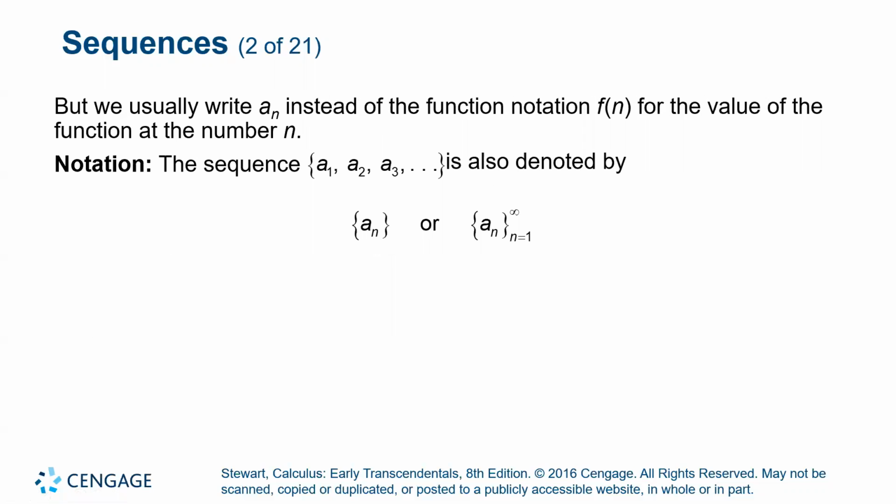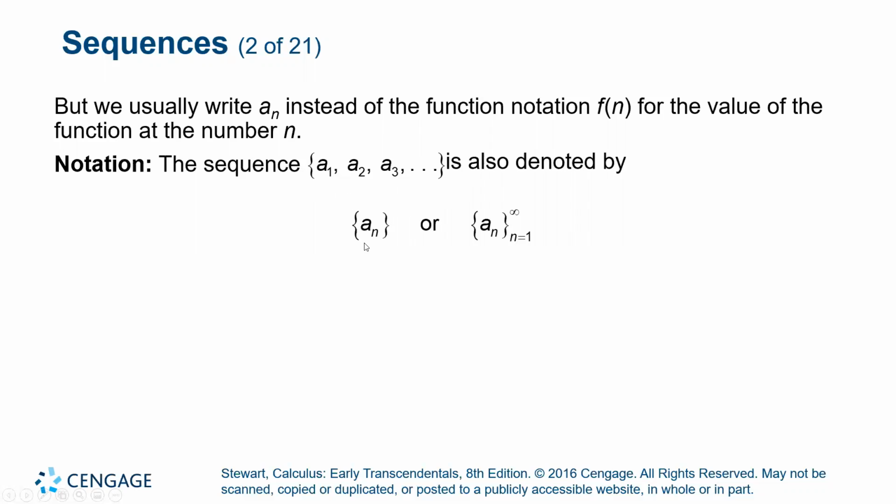We usually write a sub n to identify a sequence rather than a function itself, because we don't always have the proper function notation. So in order to properly write down a sequence, you can either just write a_n like you see in this first sentence, or you can put the list of terms inside of braces, like you see here on the first line of the notation.